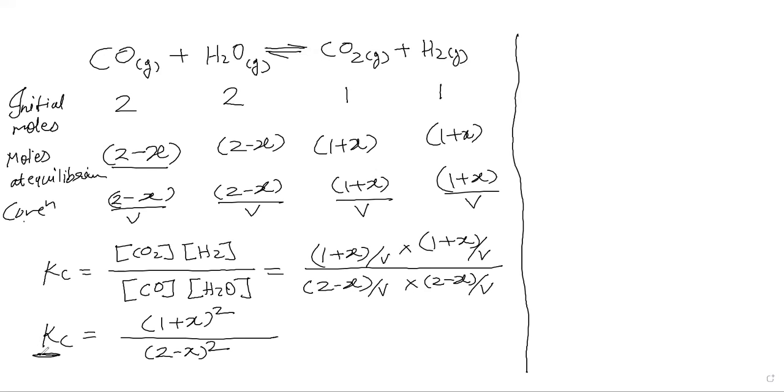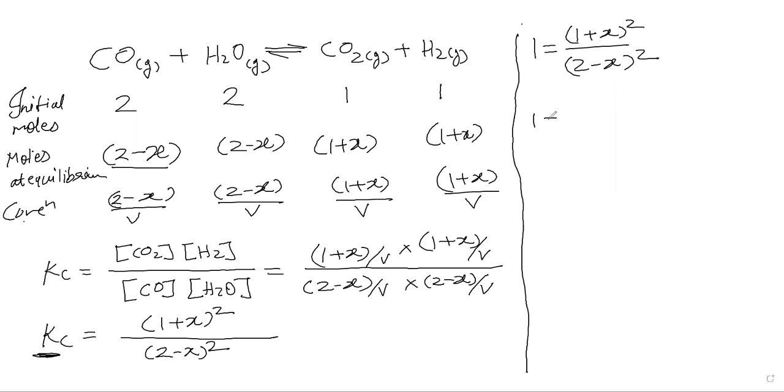Now what's the value of Kc? The value of Kc is 1. So put that value here. So 1 is equal to (1 plus X) square divided by (2 minus X) square. Take the square root from both sides.